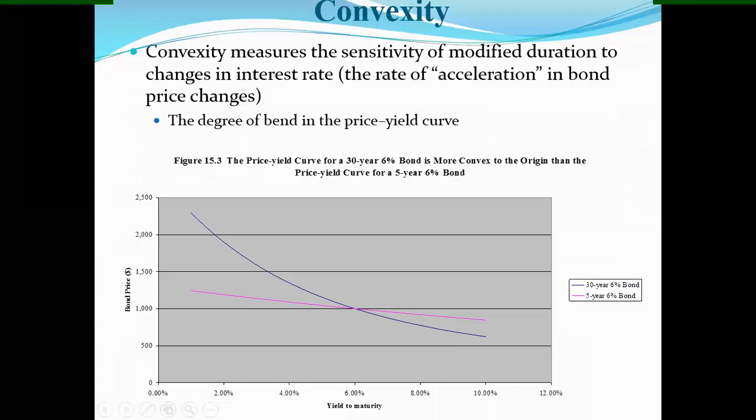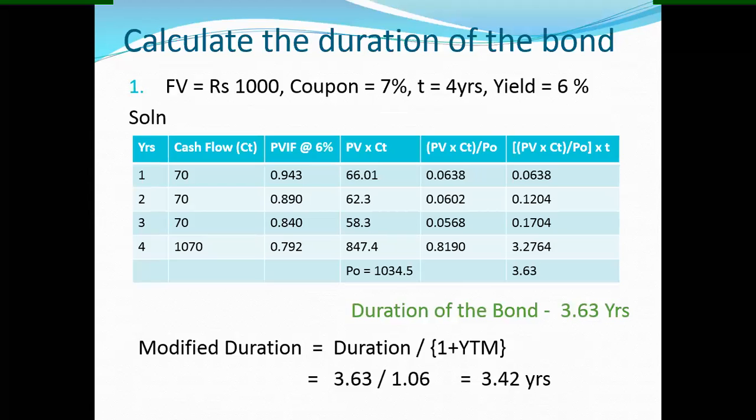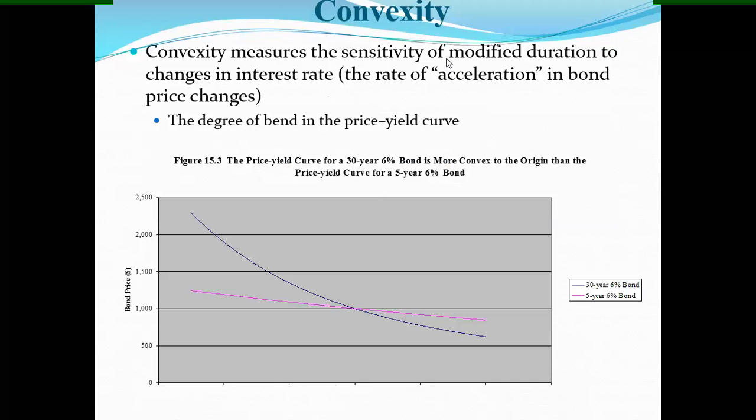Now, don't worry about convexity and all those things. You will understand what convexity of the bond means at a later stage. It is a graph that depicts bond price on the y-axis and yield to maturity on the x-axis.